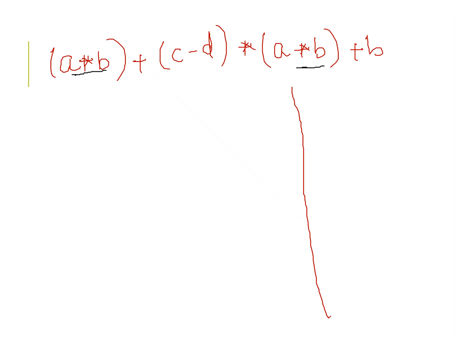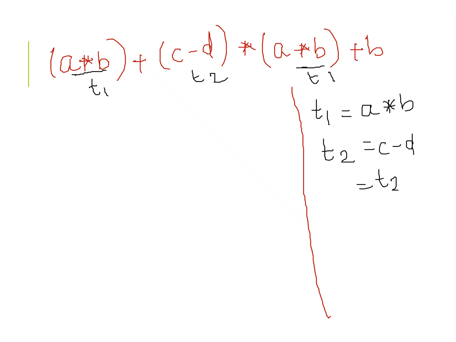in my given equation. And if I want to convert this into a 3AC format, I apply BODMAS. So T1 is equal to A into B and T2 is equal to C minus D. Thus, I will rename this as T1, this will be T2 and this will be T1. If you observe according to BODMAS, it will be T2 into T1. So, I will be doing T2 into T1 and giving it a temporary variable.